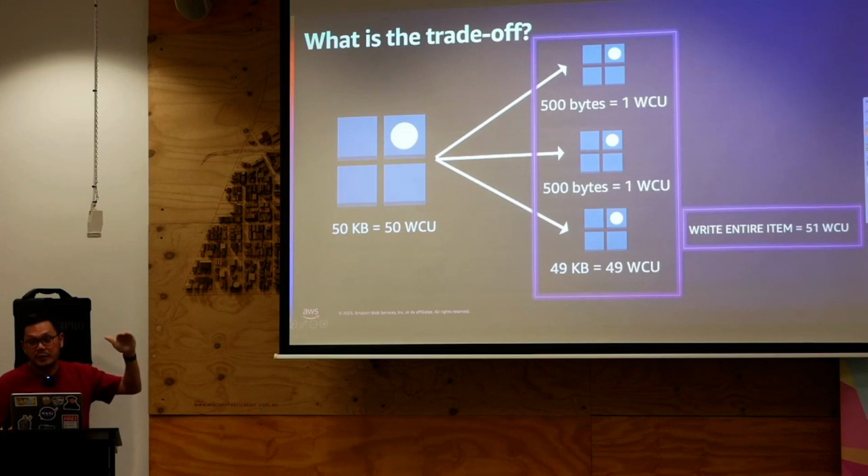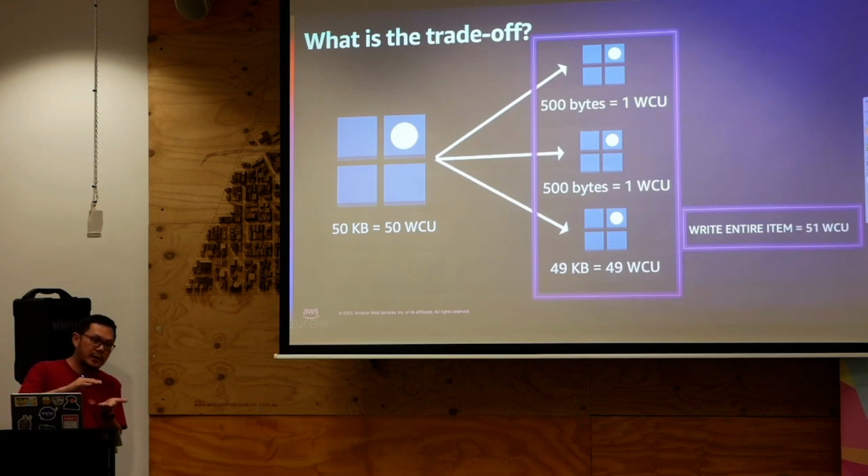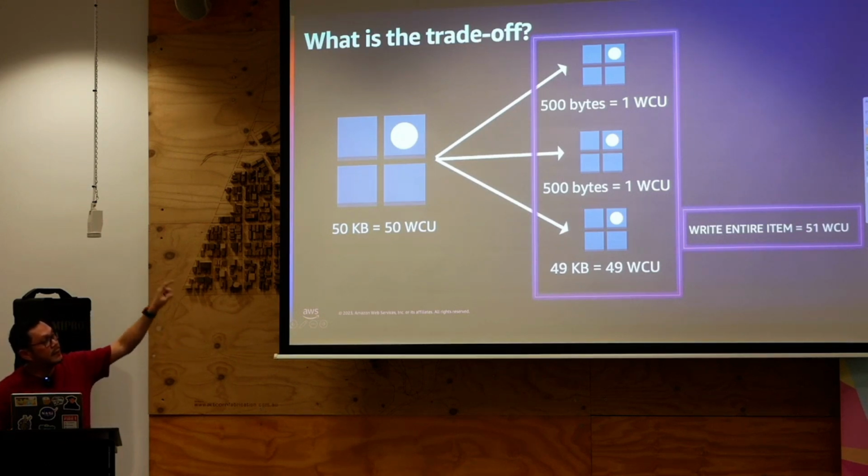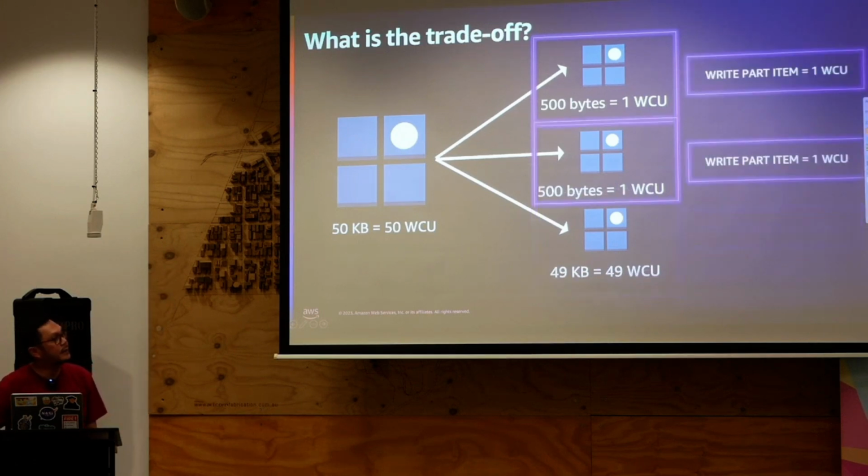But now, because we are splitting them into 3 items, the 500 bytes of the 2 items on the top is counted as 1 WCU each, right? So in the end, you pay a bit more. You pay for 51 WCU, right? But remember, this is only the initial cost of setting up the item. Because as you use the application moving forward, you might be only updating the 1 item on the top, right? That means that in the long run, you actually pay cheaper, basically.